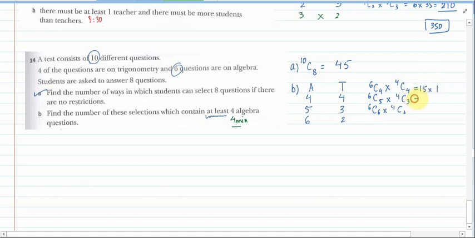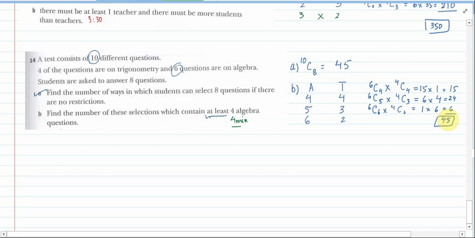After that, 6 combination 5 is 6, 4 combination 3 is 4, 6 combination 6 will be 1, and 4 combination 2 is 6. So we have 15, 6 fours are 24, and 6 ones are 6. If you add all those, you will have the answer 45.